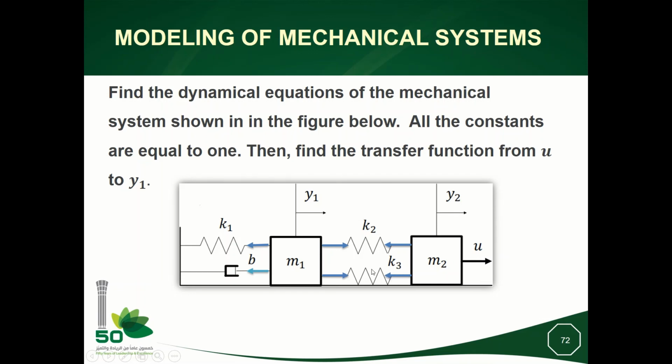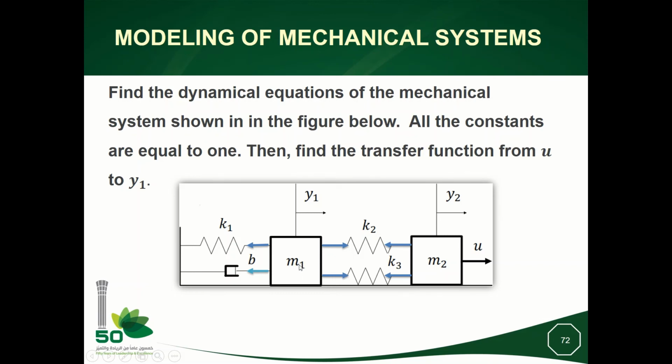This force is equal to this force, but in the opposite direction. It means it has a value equal to K3 times Y1 minus Y2, or minus K3 times Y2 minus Y1. The input U is an external force which is applied only on the mass M2.